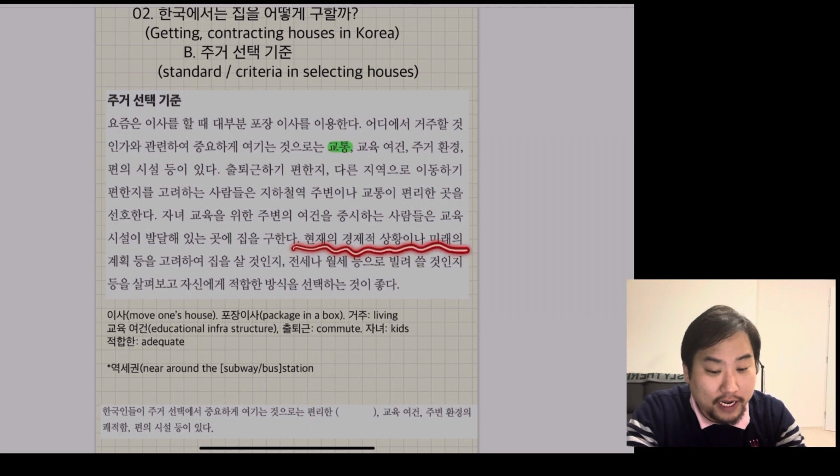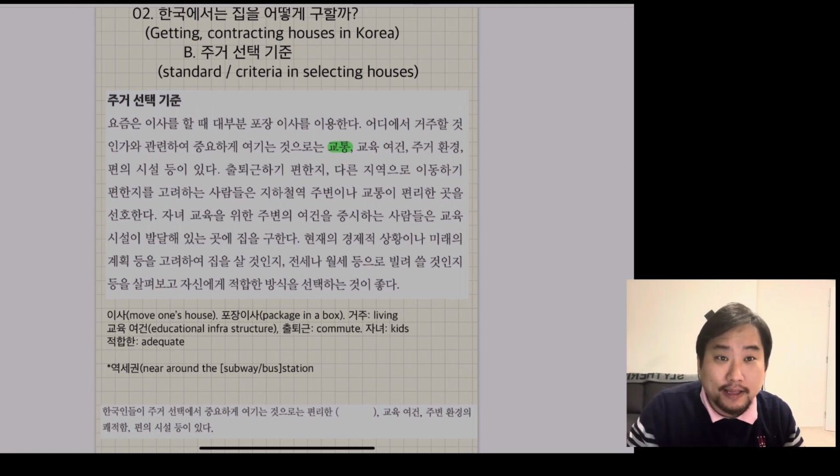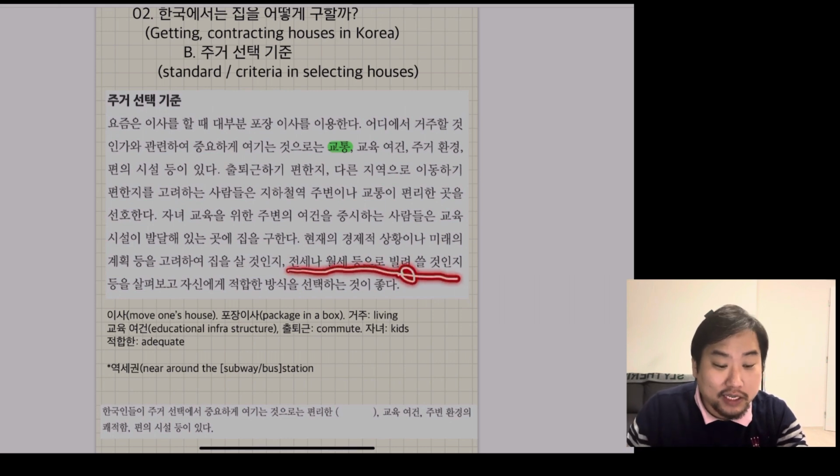현재의 경제적 상황이나 미래의 계획 등을 고려하여 considering nowadays economic situation or future plan. So by considering your economic state or future plan, 집을 살 것인지, whether you buy it or 전세나 월세 등으로 borrowing, 빌려 쓸 것인지 등을 살펴보고 자신에게 적합한 fit to oneself의 방식을 선택하는 것이 좋다.